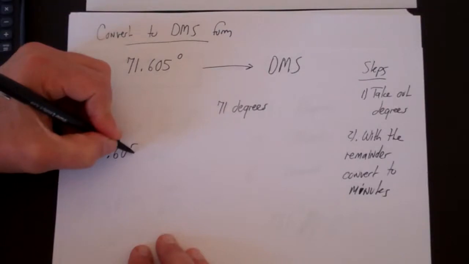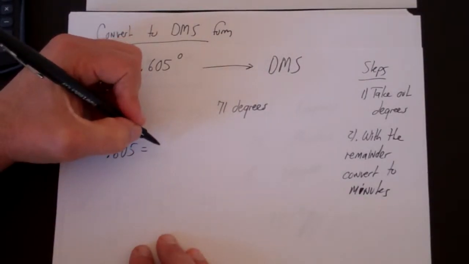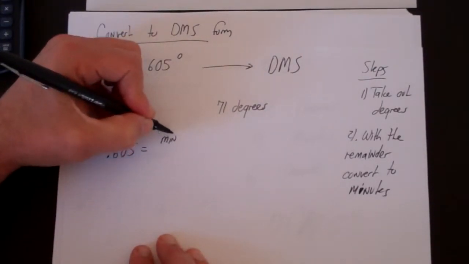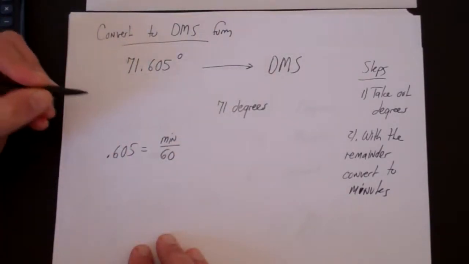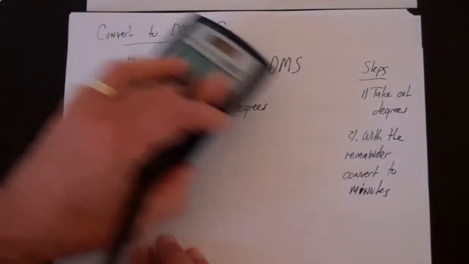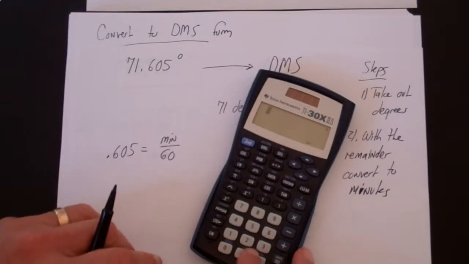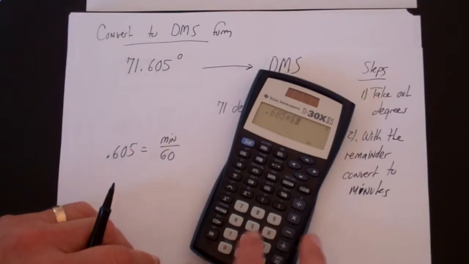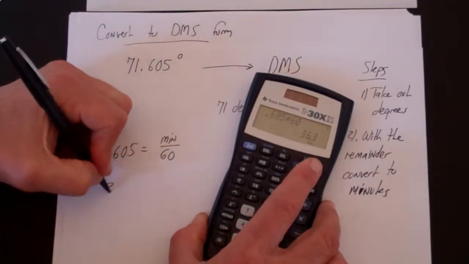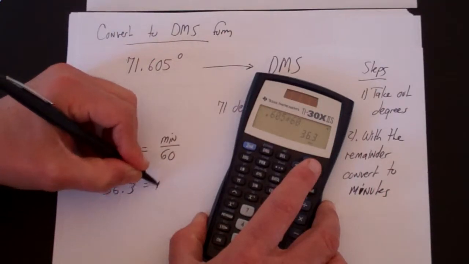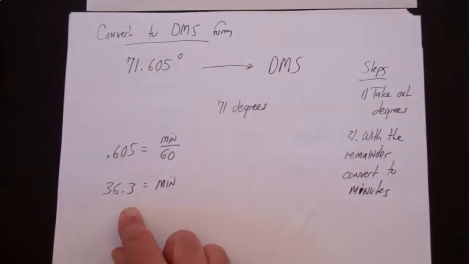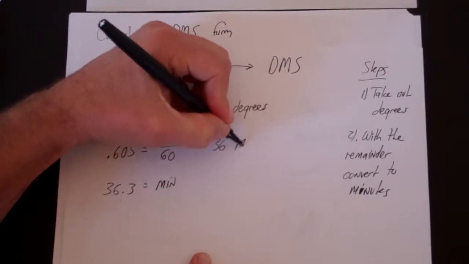So you go 0.605 is equal to minutes over 60. So you just simply multiply both sides by 60. So you go 0.605 times 60 is 36.3. The 36 we write down, that's 36 minutes.